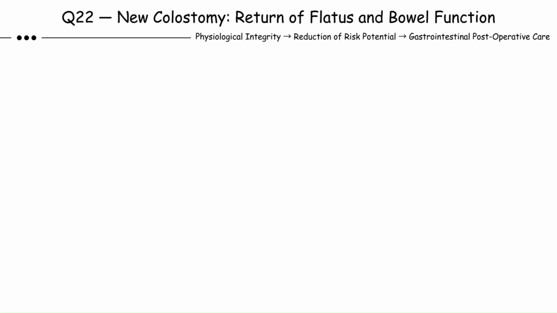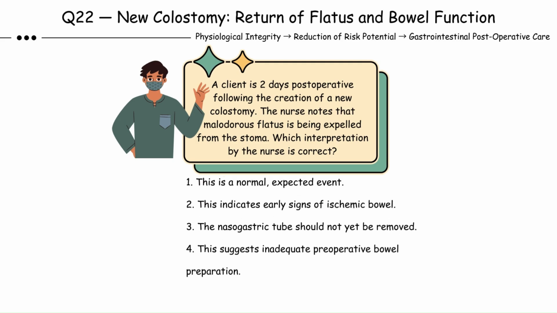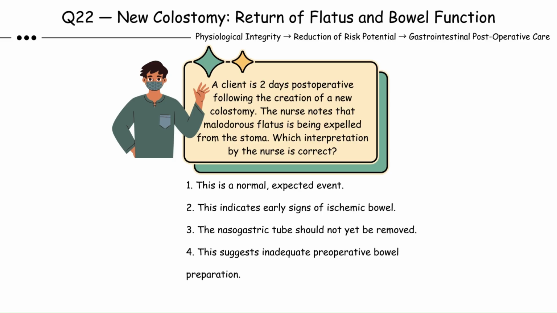Question 22, multiple choice. A client is 2 days post-operative following the creation of a new colostomy. The nurse notes that malodorous flatus is being expelled from the stoma. Which interpretation by the nurse is correct? Here are your options. Option 1. This is a normal, expected event.